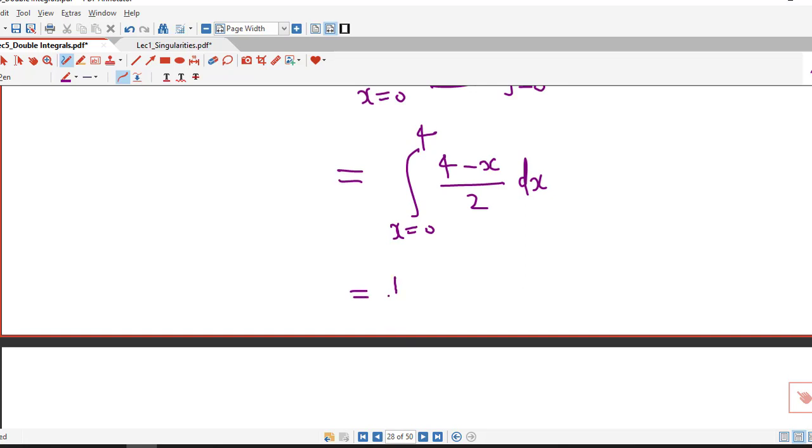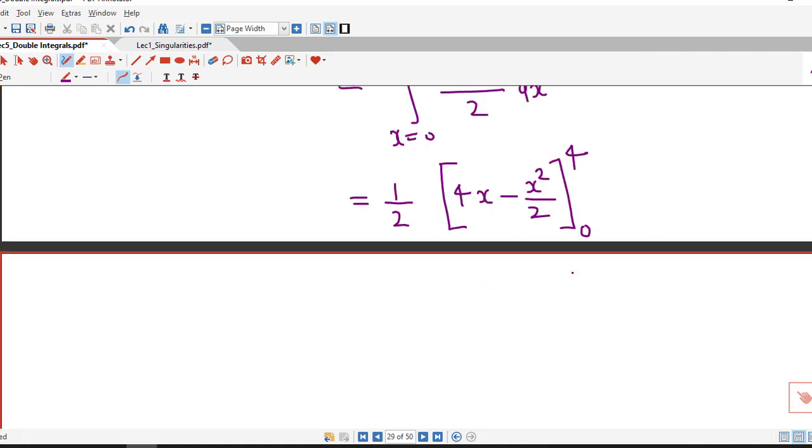So now we can take 1 by 2 outside, and the integral is 4x minus x square divided by 2, and x is from 0 to 4. If we put x equal to 4, we have 4 into 4 which is 16, and here also we have 16 divided by 2.